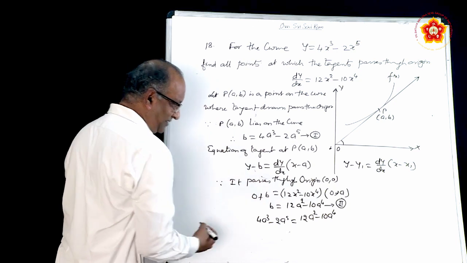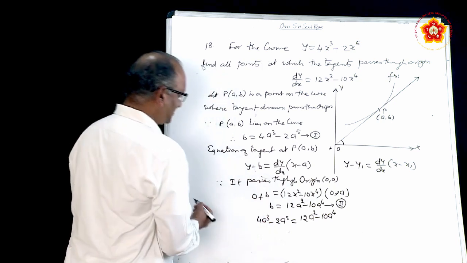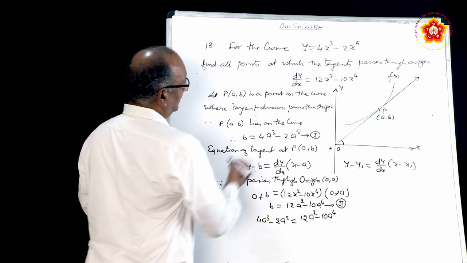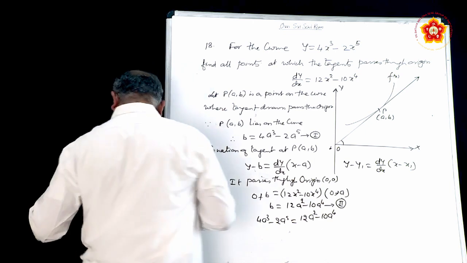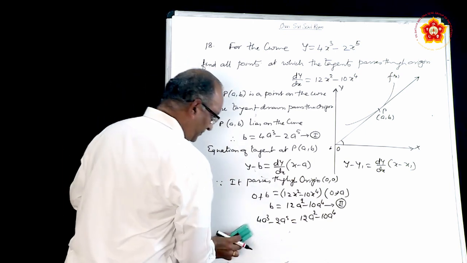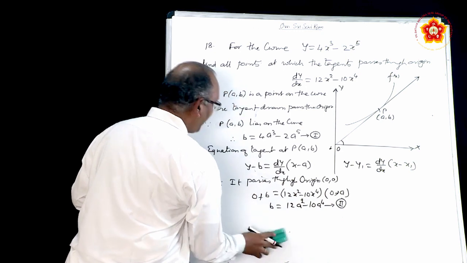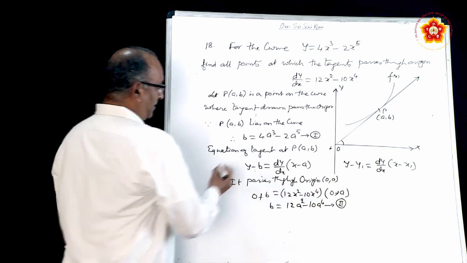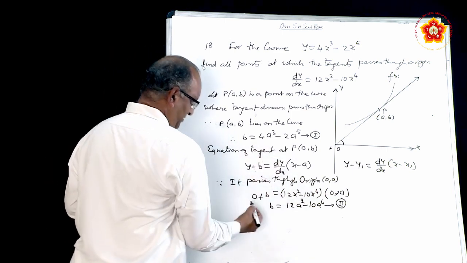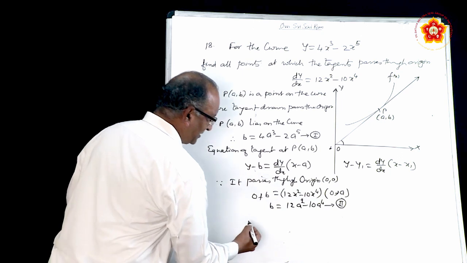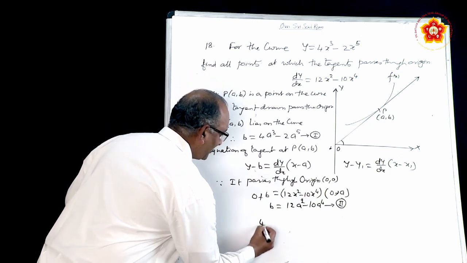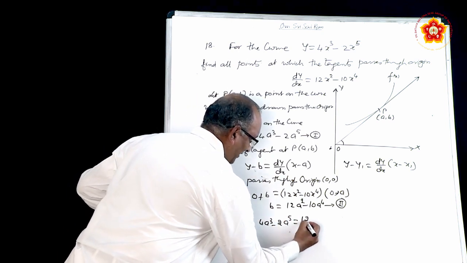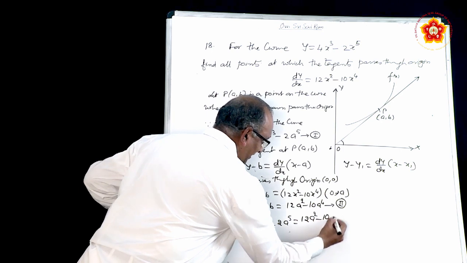Get all the terms to one side. The b value is this, the b value is this. So, substitute, you will get 4a cube minus 2a to the power 5 is equal to 12a square minus 10a to the power 4.